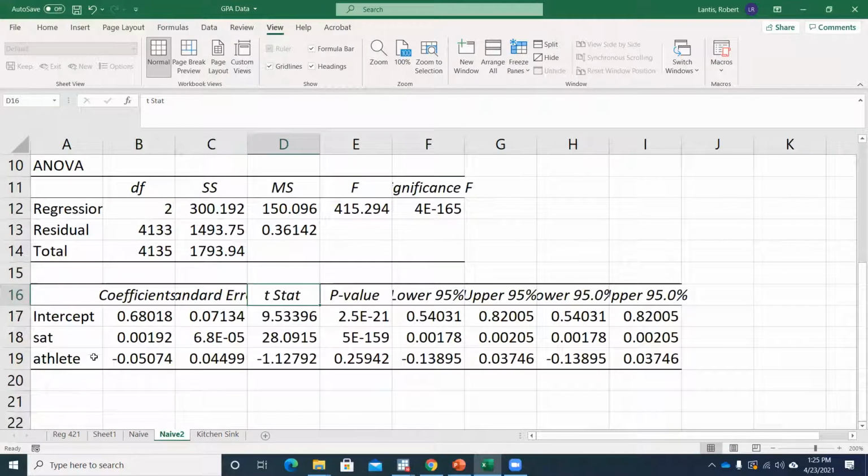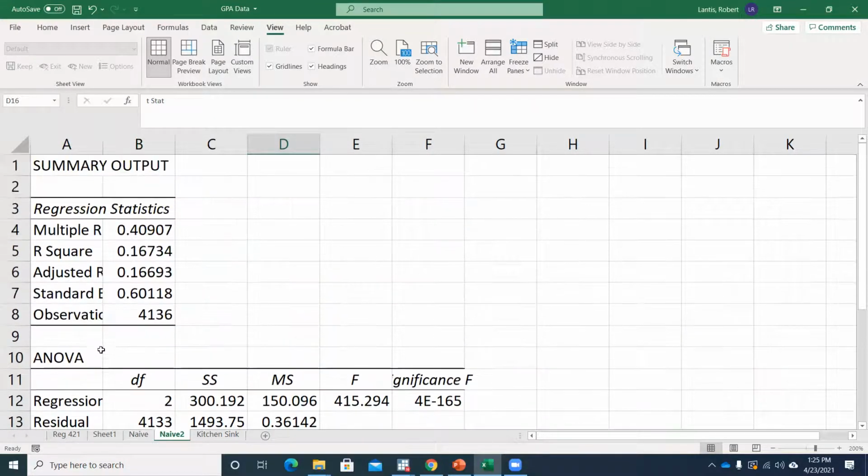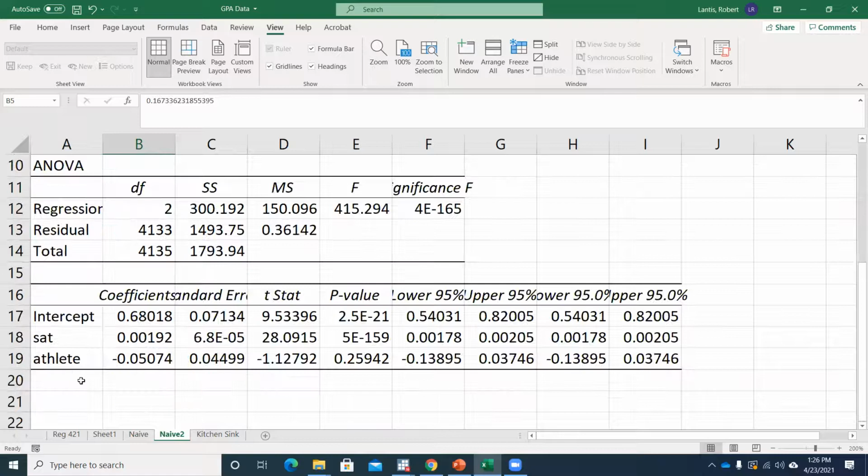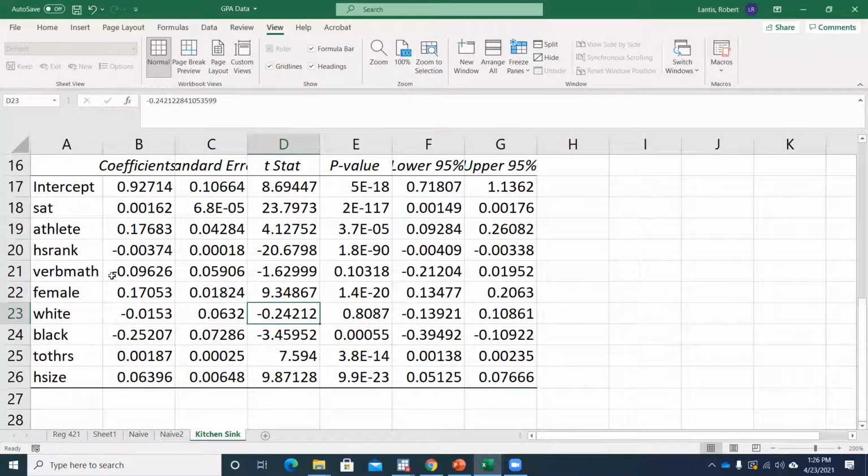If I then simply include just one more X variable, which was the SAT score, notice now the R squared, well, now I'm up to about 0.17, or I'm explaining 17% of the variation in GPA. So I'm doing a lot better. SAT was really helpful. It's really good at helping predict GPAs. Then when I throw everything at it, what do you think probably happens to the R squared?